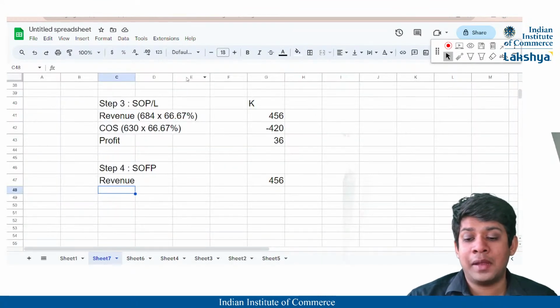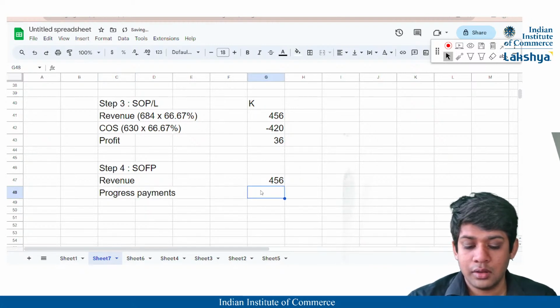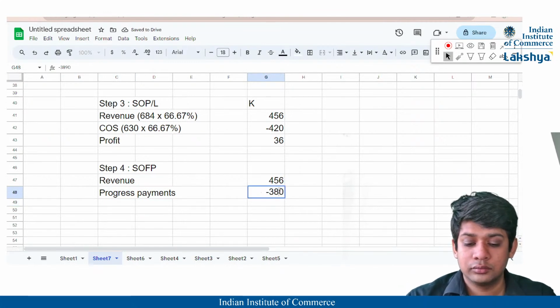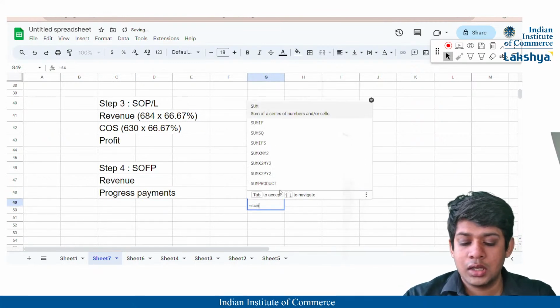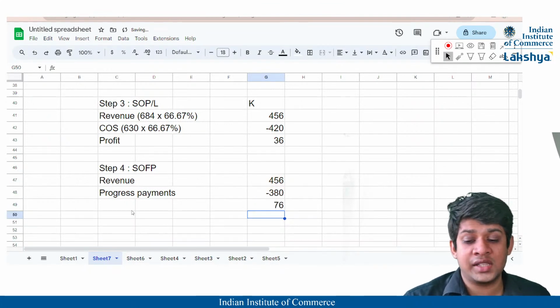So if the progress payments are 380, then 456 minus 380 will give us a value of contract asset of 76.